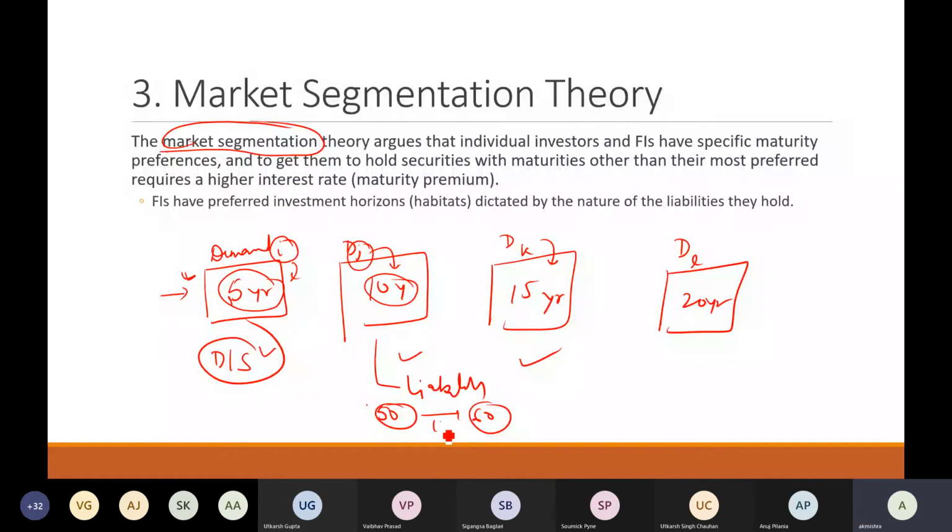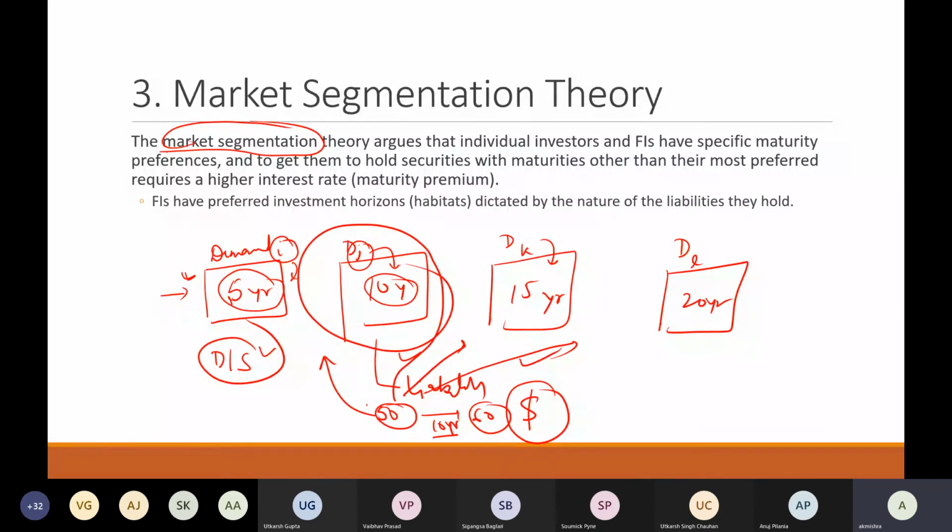So here a 10-year gap is there, and he thinks that at 60 he will require lots of money. So why should he buy a 5-year maturity or 15-year maturity or 60-year maturity bond? This type of individual will go and buy a 10-year maturity instrument.